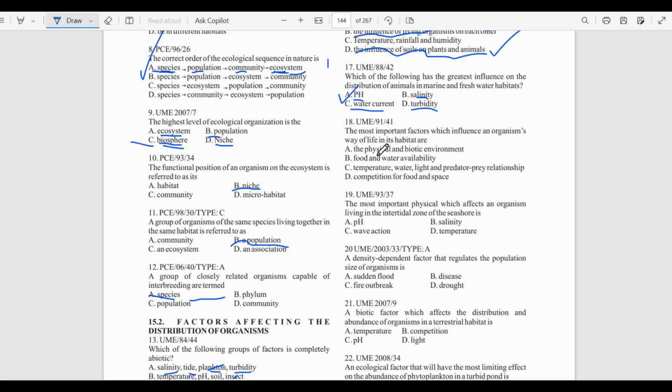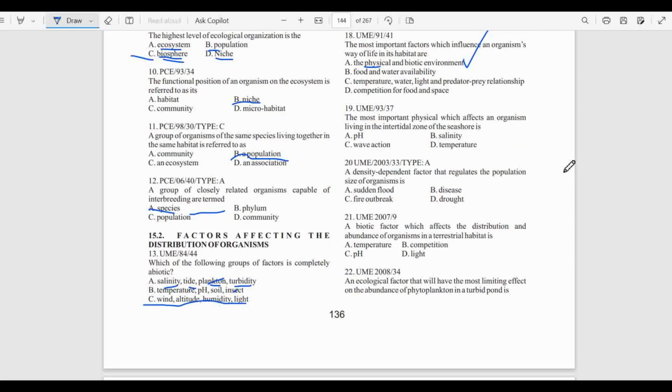Of course, A would be the right answer because an environment is everything surrounding an organism that affects it. So remember, this says the physical and the biotic. So the biotic already captures predator-prey relationship, while the physical captures temperature, light, water, turbidity, and all the physical factors. So the right answer here would be A.